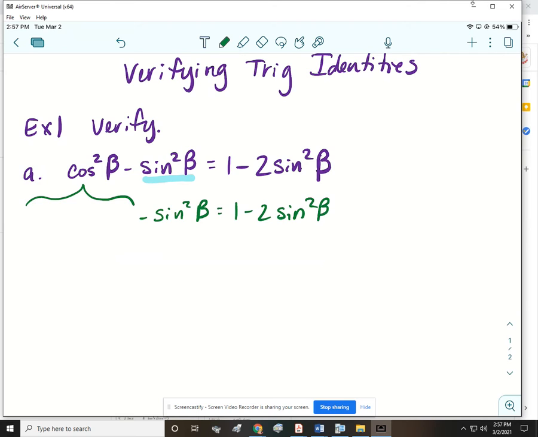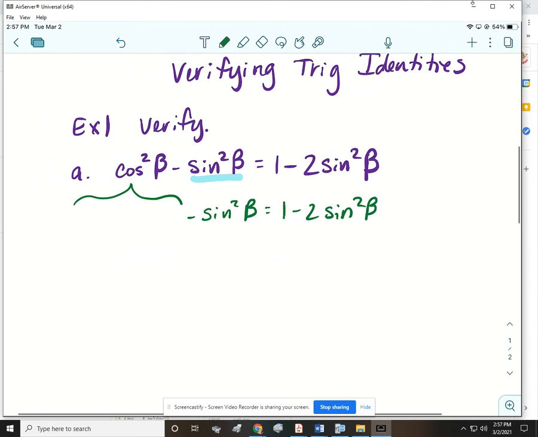Okay, so you would look at your identities and try to see if there's a way that we can change cosine squared of beta to something that involves sine squared, because sine squared is what we want to end up with. All right, and if you look down at Pythagorean identities and kind of manipulate them a little bit, cosine squared of beta is 1 minus sine squared of beta.